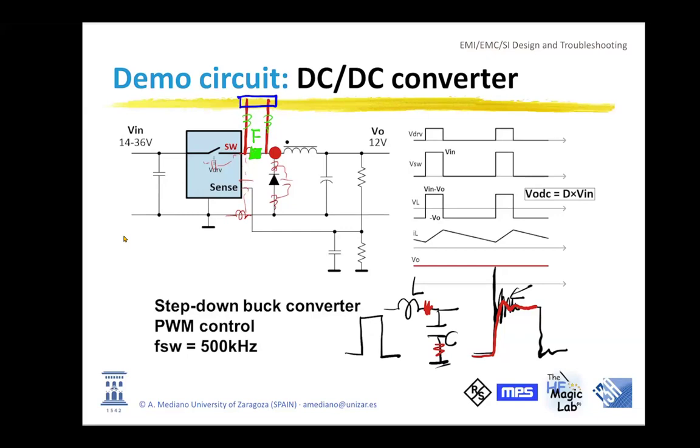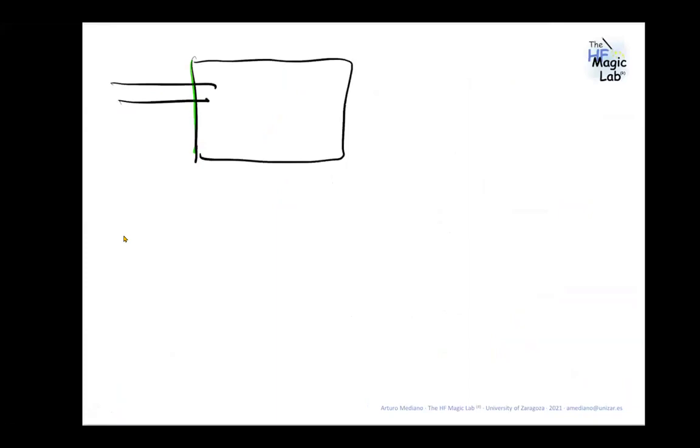If you are considering EMI, you have two possibilities, no? What I usually like is to put the input and the output on opposite sides, no? This is the input cable, and this is the output cable. With this configuration, you have the best situation to avoid coupling between the input and the output.